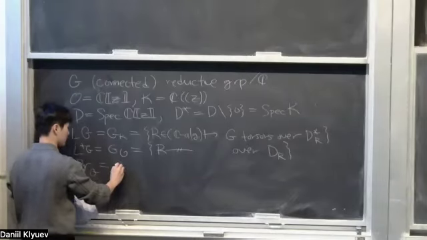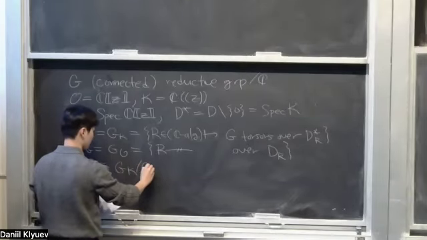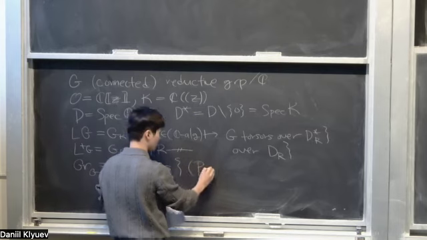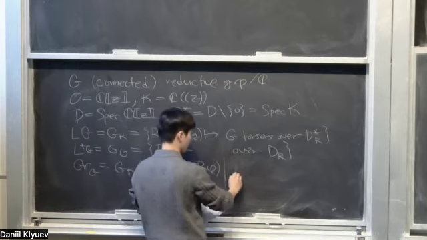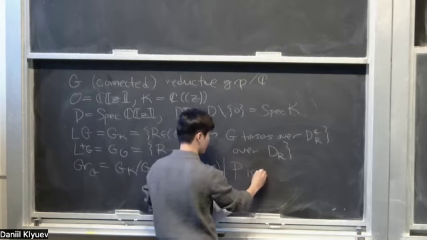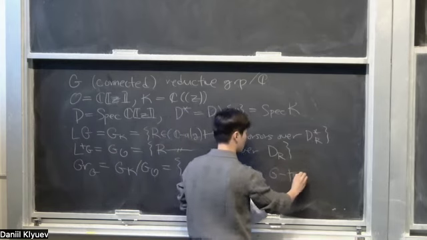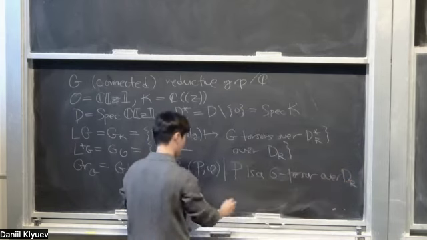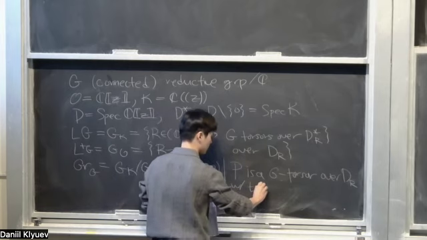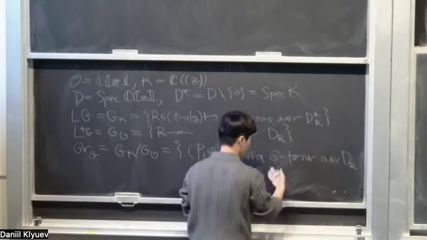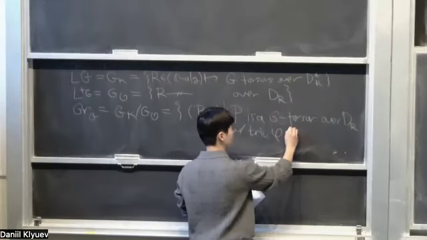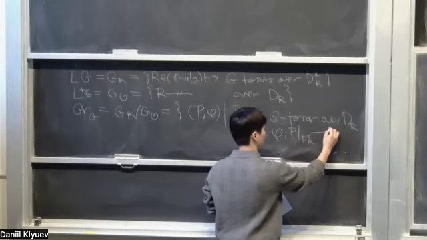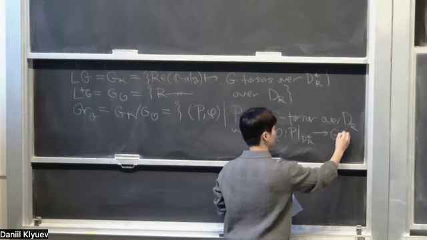As we saw, the stack quotient is the affine Grassmannian, and the moduli description is a pair where P is a G-torsor over the disk over R with a trivialization P restricted to D star R going to G times the trivial bundle.